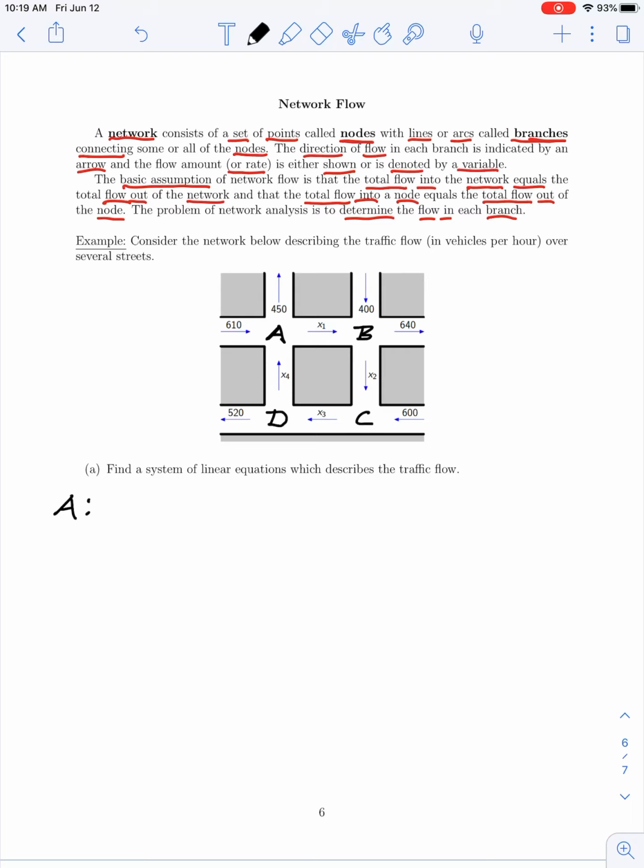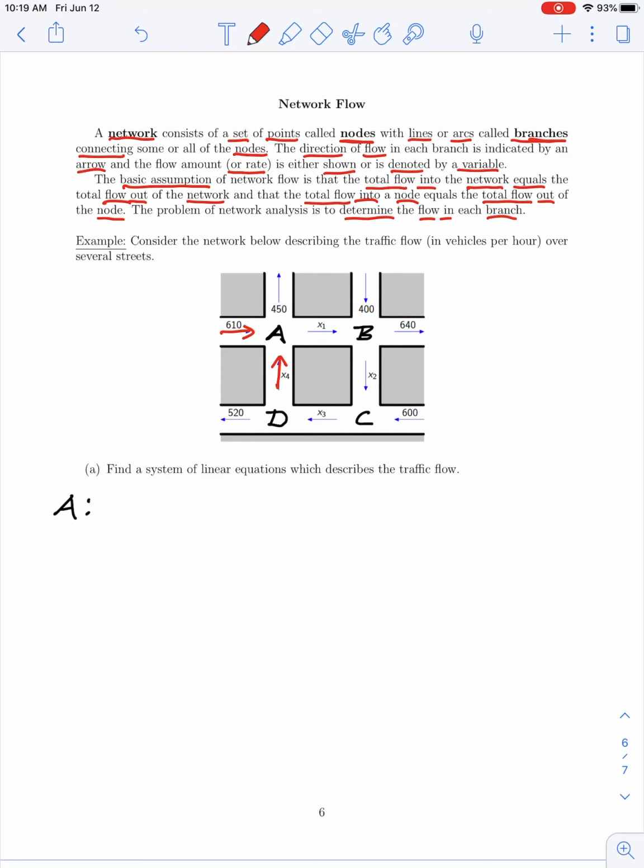So starting with intersection A, well, the rate of flow into intersection A must match the rate of flow out. So let's start with the rate of flow into intersection A. So looking at the arrows moving into node A, we have an x4 and a 610.